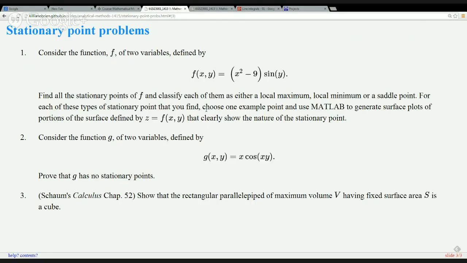So z is a function now of x and y. In order for the surface area to remain fixed, z has to depend on the values of x and y. Or you could say x depends on the values of z and y, or y depends on the values of z and x. It just has to be a dependence between the 3 variables. And we'll use implicit differentiation.